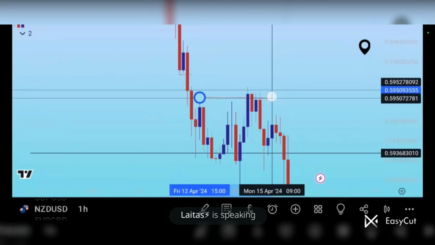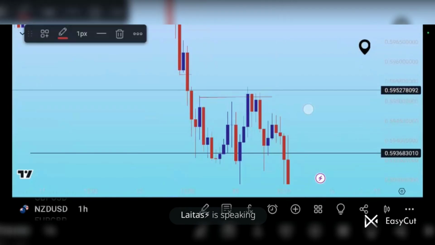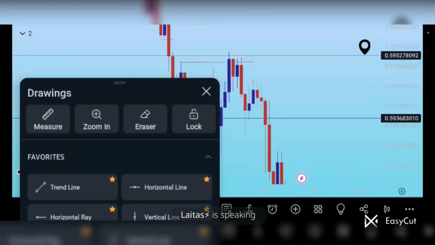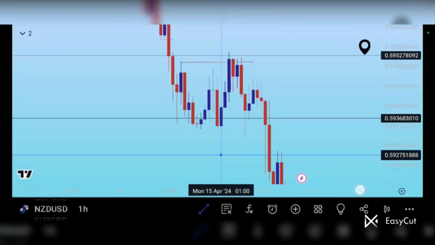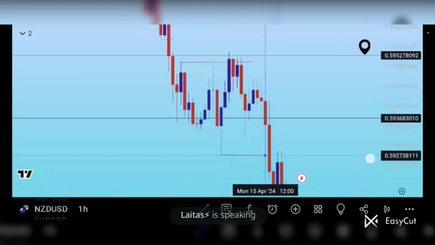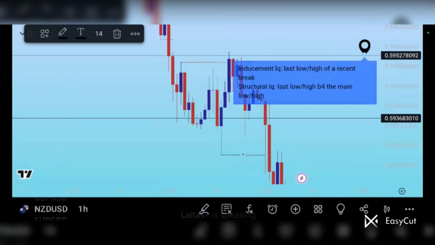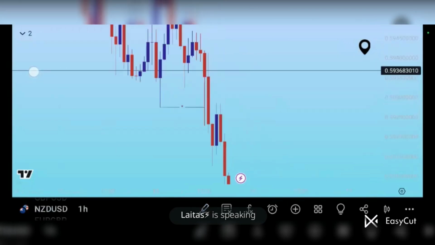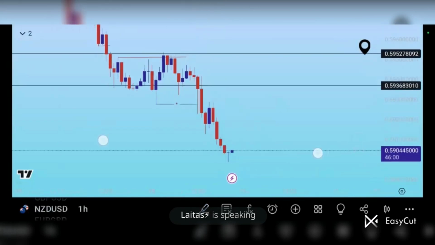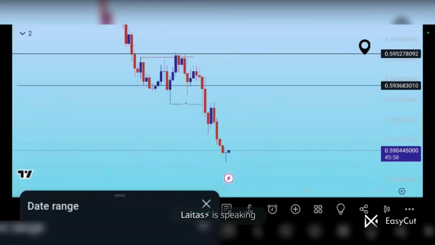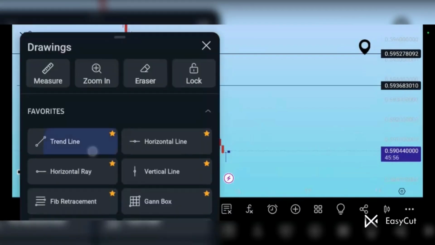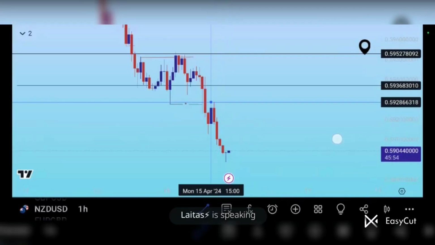After a sweep, a break. We have this sweep, we have this break, we have this break here. Now, what are we looking for? Inducements or structural? So, do we have inducements? Can we consider this as inducements? Yes or yes? This one here.